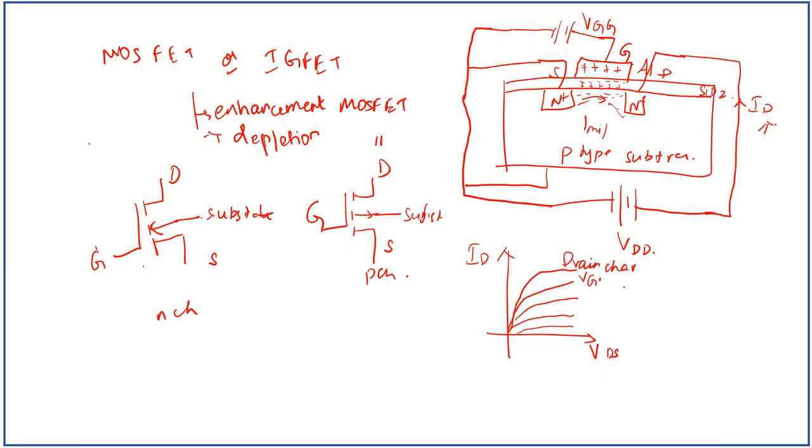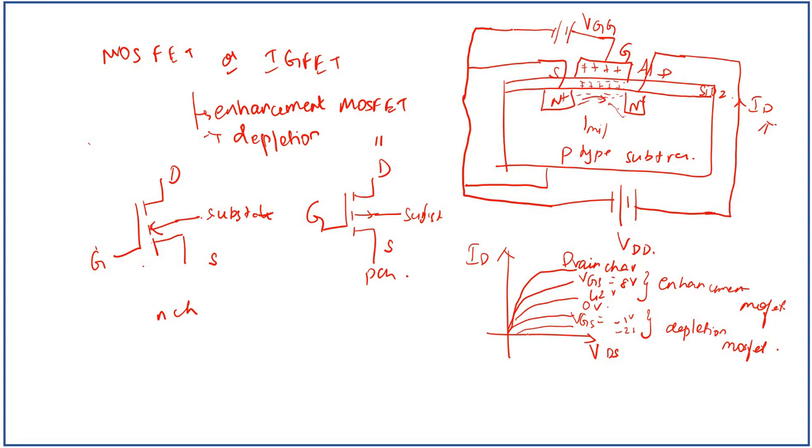So VGS is equal to 8 volt, 4 volt, 2 volt. This positive voltage is enhancement MOSFET, and the negative voltage is till the 0 volt, and this is for VGS equal to minus 1 volt, minus 2 volt, etc. So this region is depletion MOSFET.